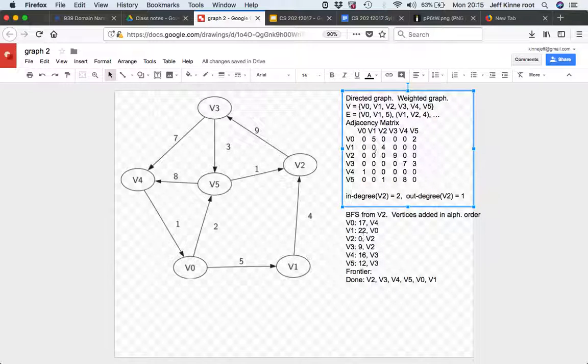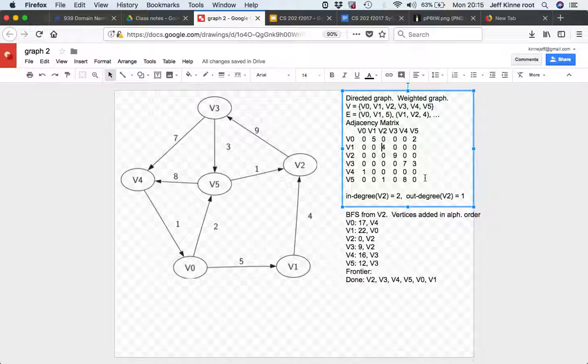If we're looking at an adjacency matrix, this is already filled out. So the first row here are the edges coming out of V0. There's an edge going to V5 with weight 2. That's listed in the last column there in the adjacency matrix. And then there's an edge to V1 of weight 5.